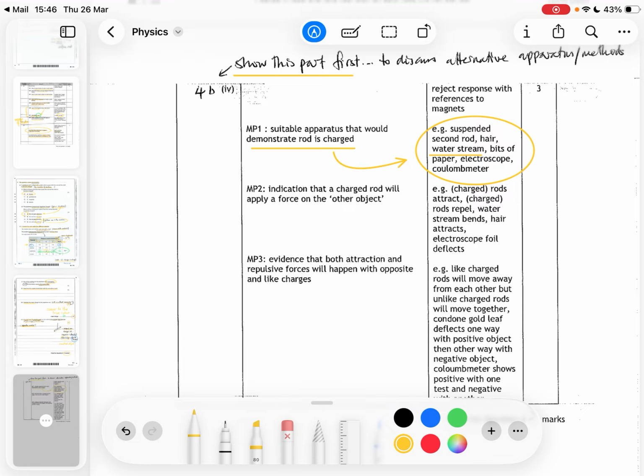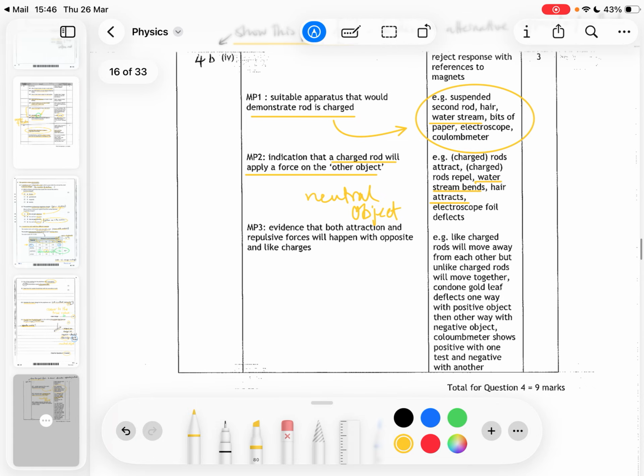Then you need to indicate that a charged rod will apply a force on other objects. So again, you could do the water stream bending, yeah? And that will always be attractive. It will always be attracting the neutral object, yeah?